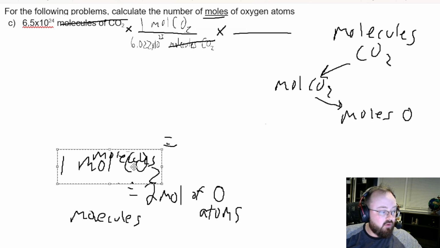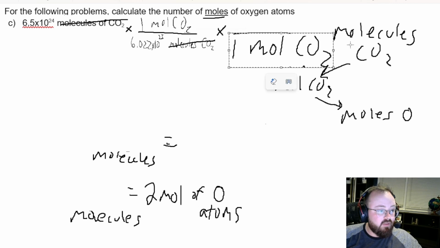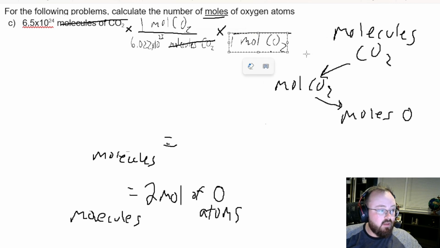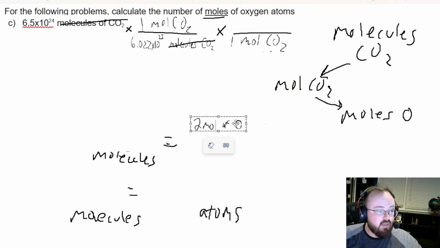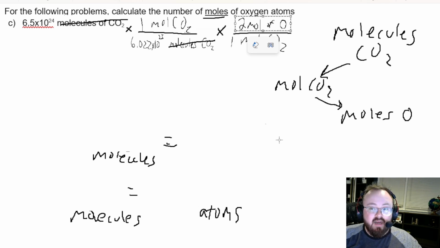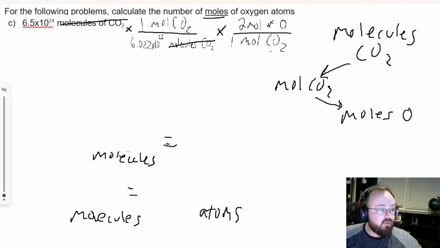So I take this, I put this here on the bottom, and I would take my other conversion factor, 2 moles of oxygen, and this will go on the top. And now I have moles of carbon dioxide on the top, moles of carbon dioxide on the bottom, and I can now solve for my equation.